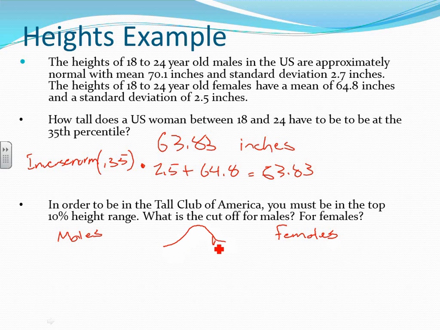That'd be this right here, right? What are you plugging in inverse norm? Nope. Not 0.1. You know you're putting in 0.9 because it's 90% below you.